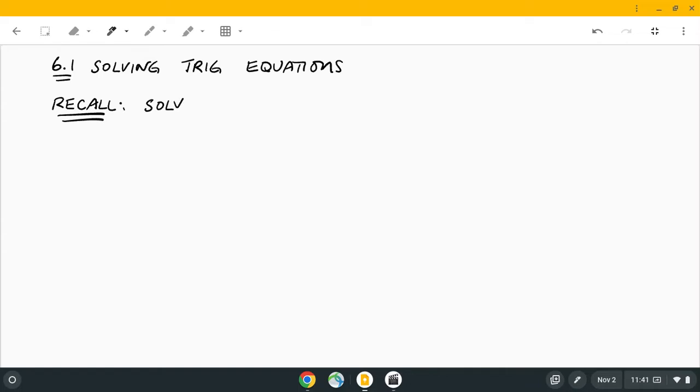If you remember back in kindergarten, you learned how to solve something like this: 5x plus 7 equals 2x minus 5. You took this equation and proceeded to get the x by itself by doing these inverse operations.